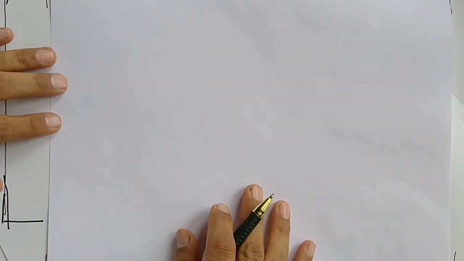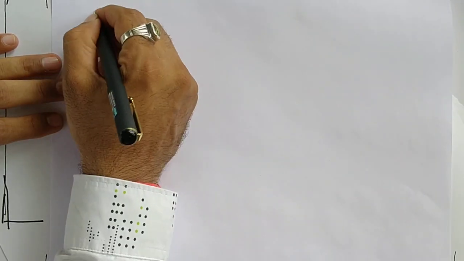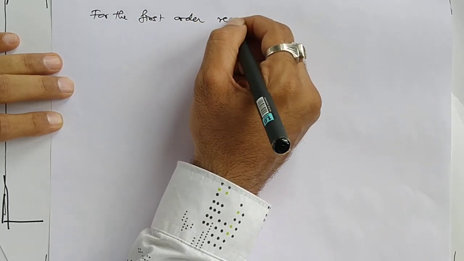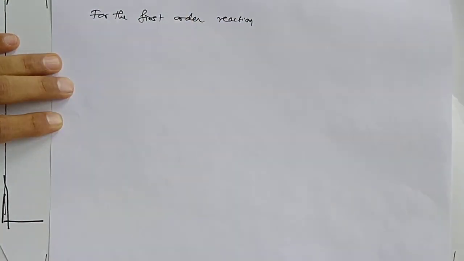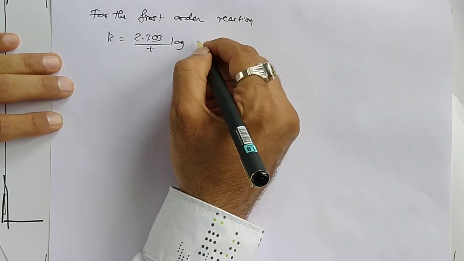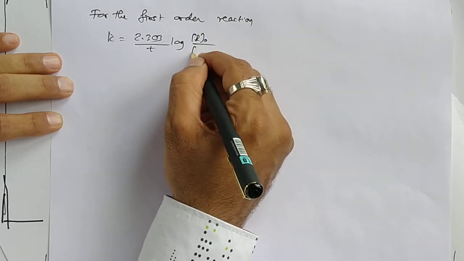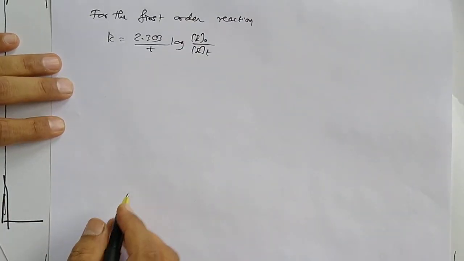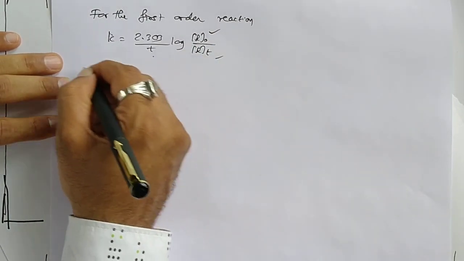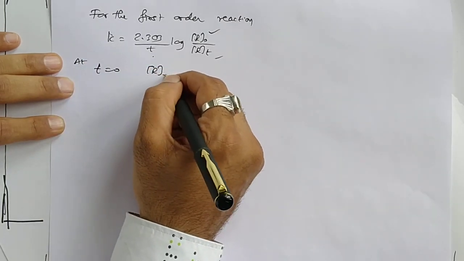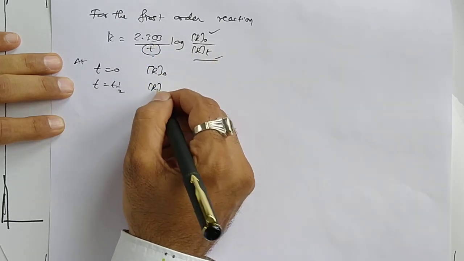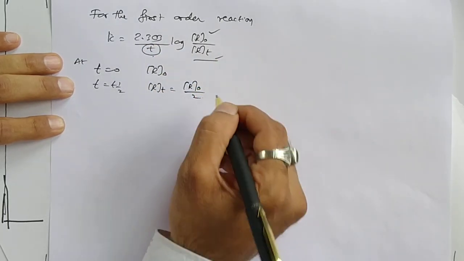Now T1/2 for a first order reaction. For the first order reaction, we know K is equal to 2.303 upon t log R0 by Rt. R0 is the initial concentration, Rt is the concentration at t time. At t equal to T1/2, suppose Rt is R0 by 2.